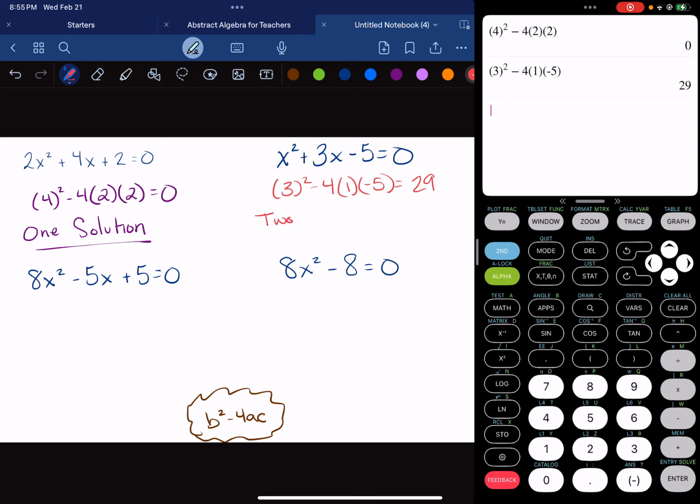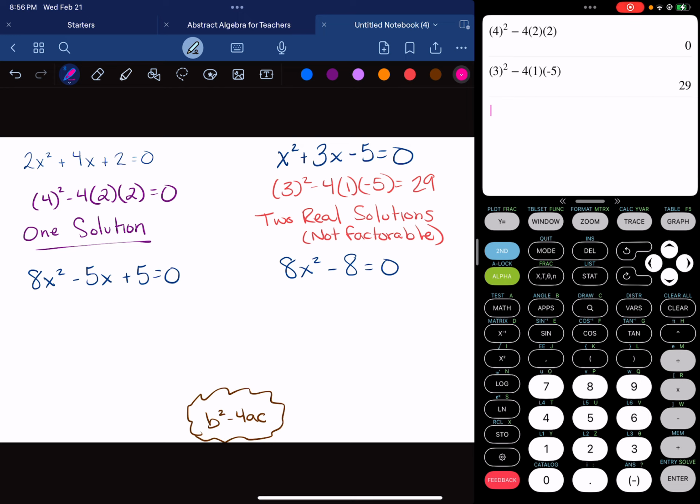And it also tells us, because 29 is not a perfect square, that this is also not factorable. Meaning we don't even have to try the magic X to see if we can factor it. We know right off the bat with the discriminant, not factorable. Move away from factoring, goes straight to the quadratic formula if we were solving.